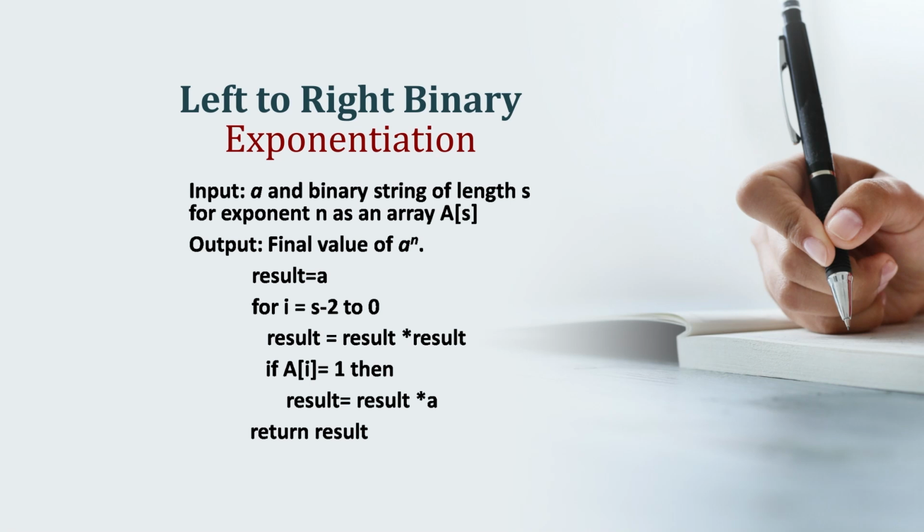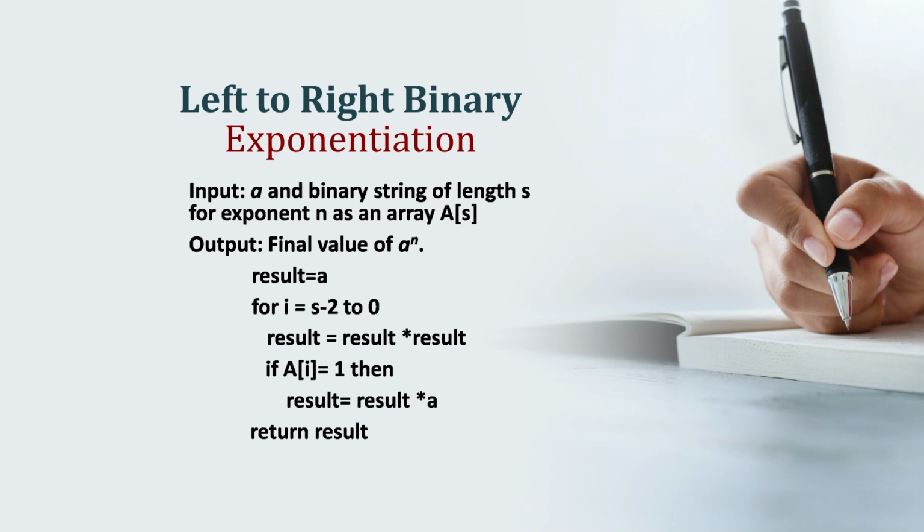So the input to this left to right binary exponentiation is once again a, which is the number we want to exponentiate, and the array As of length s for exponent n, and the final value is still going to be a to the power n.